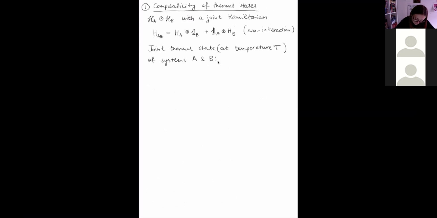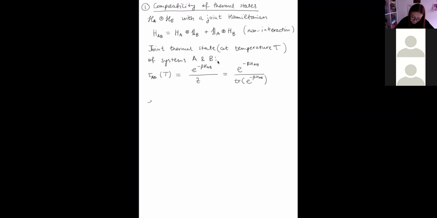Okay, so let me write this thermal state, tau of AB at the temperature T. So per definition, this would be e to the power minus beta H_AB over Z, where Z is just the trace of e to the power minus beta H_AB.